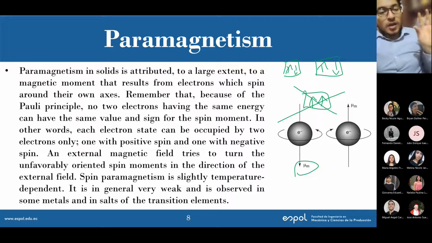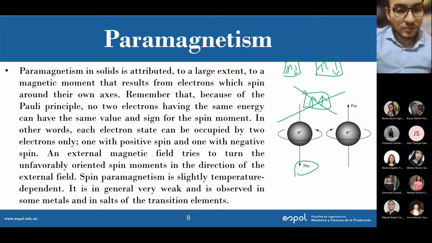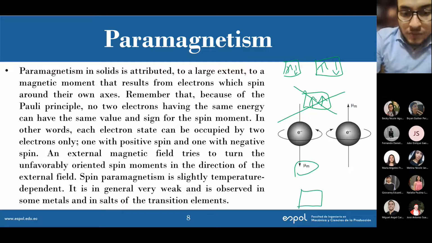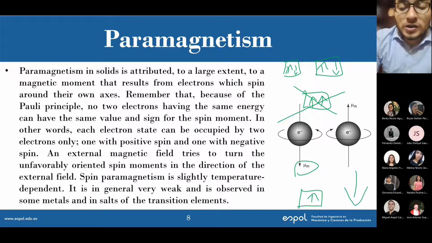Now, let's imagine you apply an external magnetic field to that material. Well, that magnetic field is going to try to turn the unfavorably oriented spin moments in the direction of the external field. So for example, let's say you have only one electron in one of the electron levels, and you have a magnetic field in the opposite direction.